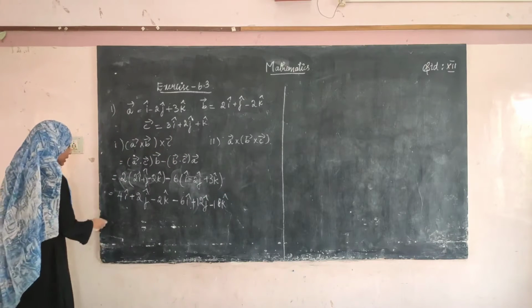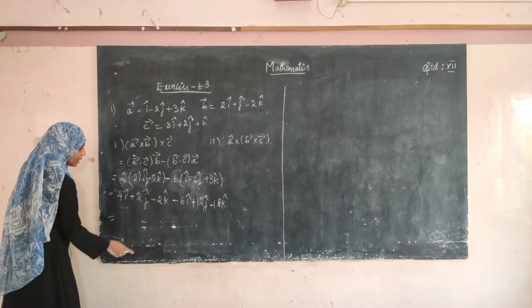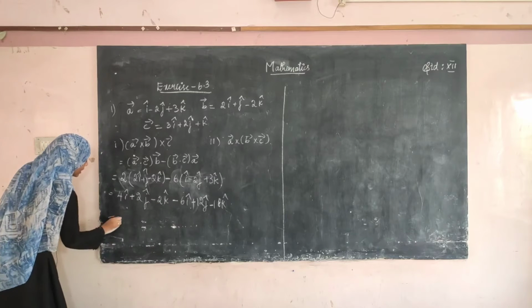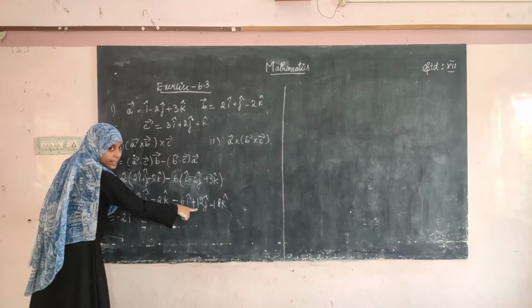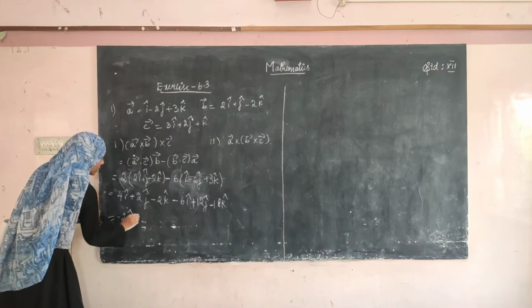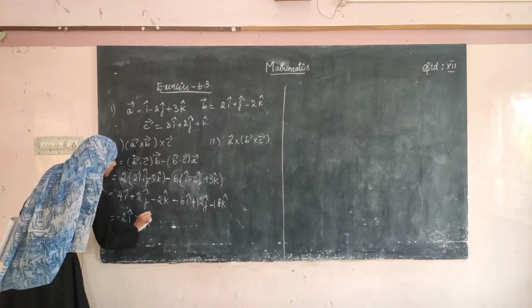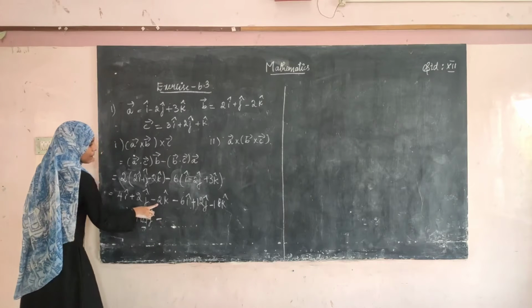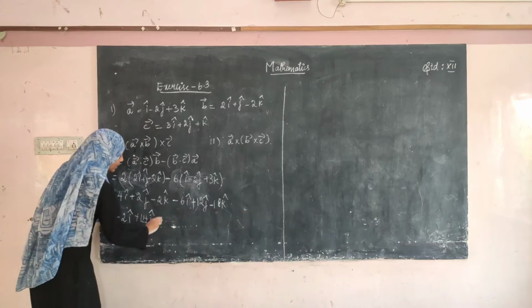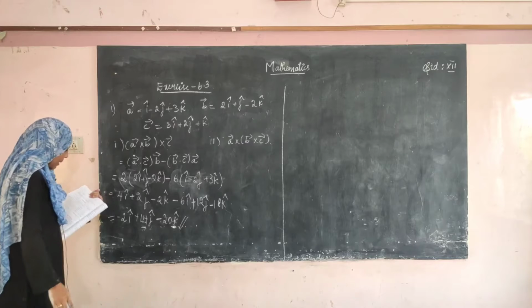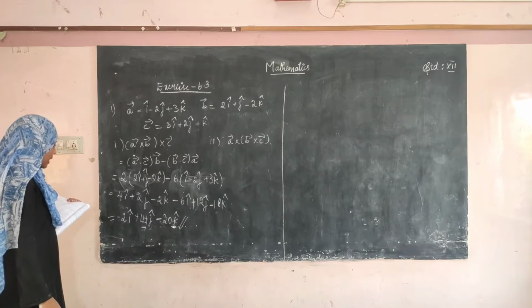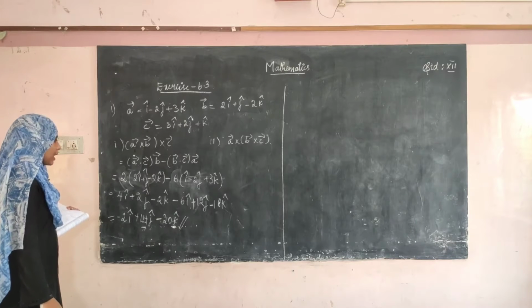Okay, now shall we solve this? 4I minus 6I is minus 2I cap, plus 2j, here it is plus 12j, so it is plus 14j cap. Minus, here minus 2, here minus 18, this will be minus 20 k cap. So this is the answer: minus 2 I cap plus 14 j cap minus 20 k cap.